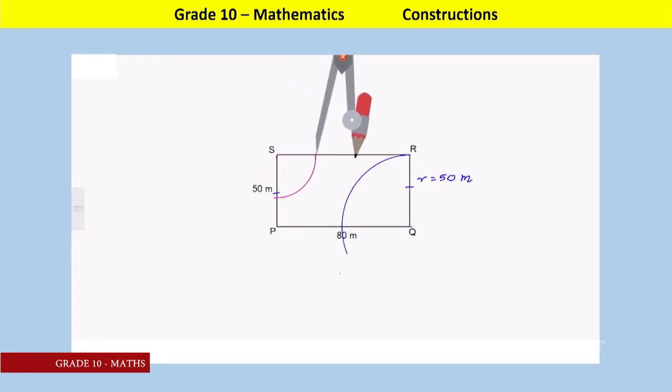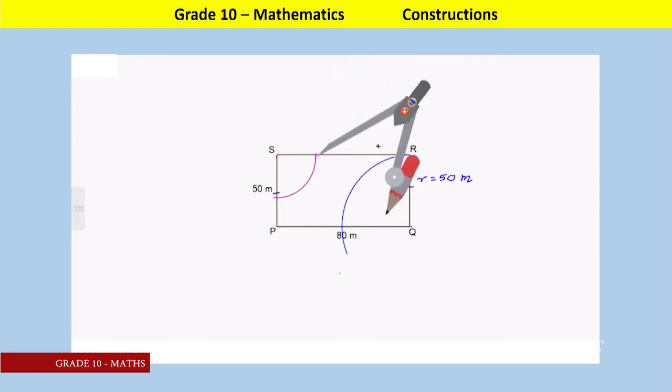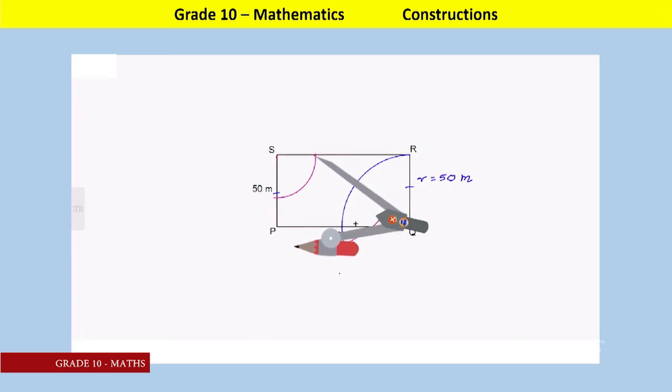Here we got 2 points, where the arc meets RS and the other line. If you want, you can change the radius. Keep the steel point on that point. Draw an arc.